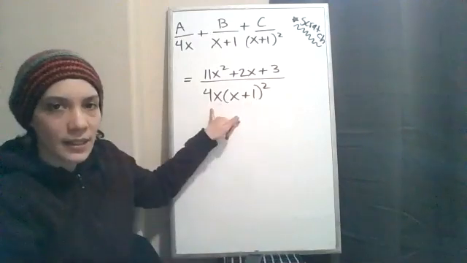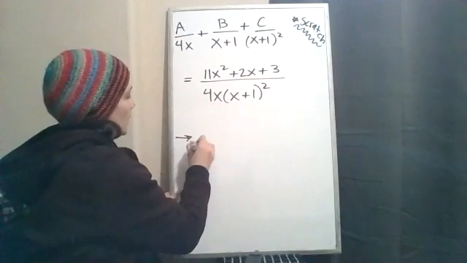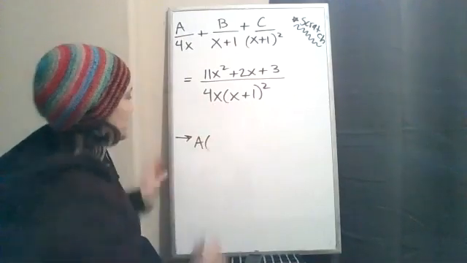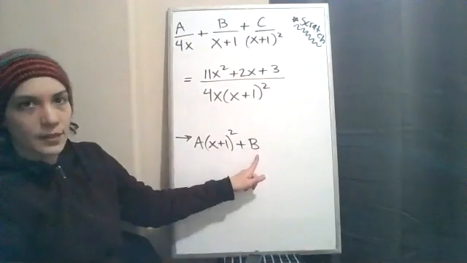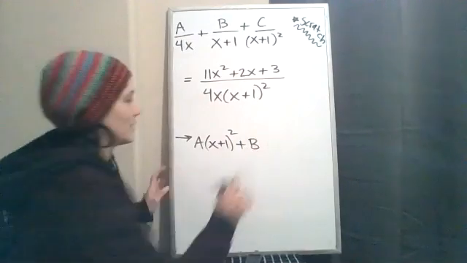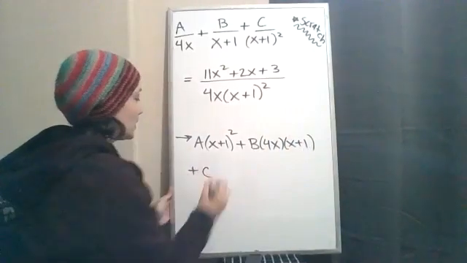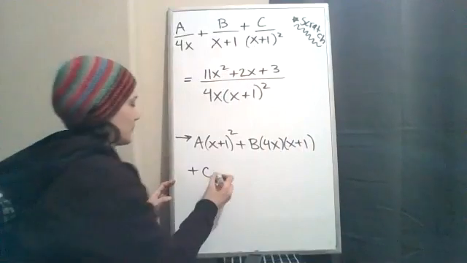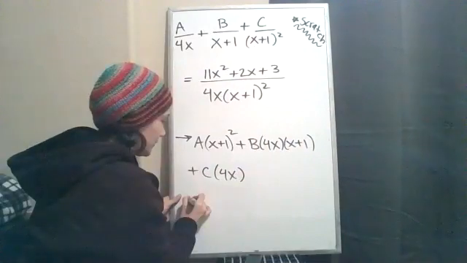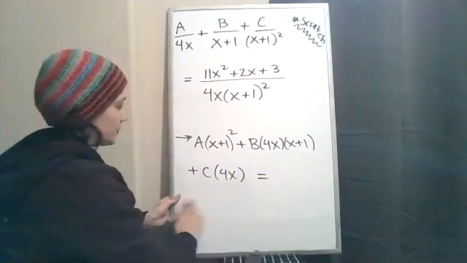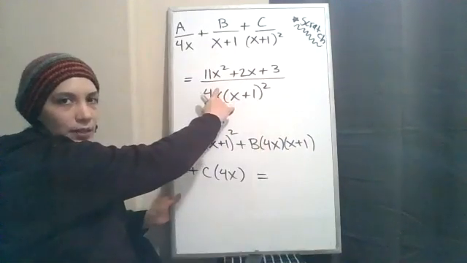Multiply both sides by the LCD, 4x times x plus 1 squared, to get a times x plus 1 squared, plus b times 4x times x plus 1, plus c times 4x, and this equals 11x squared plus 2x plus 3.